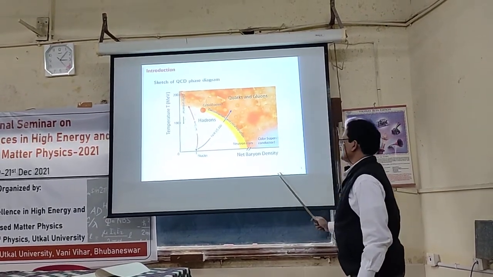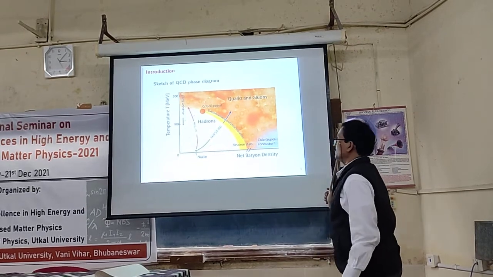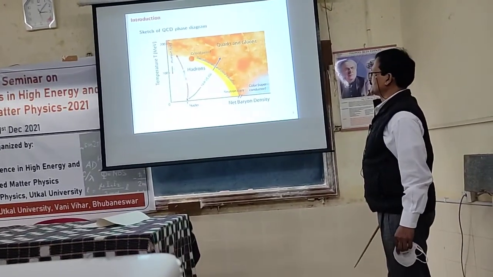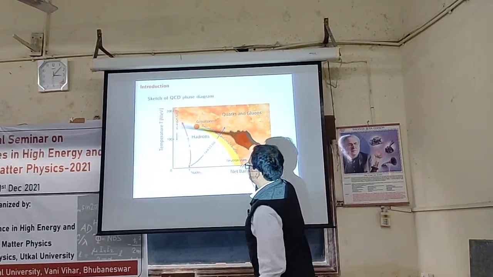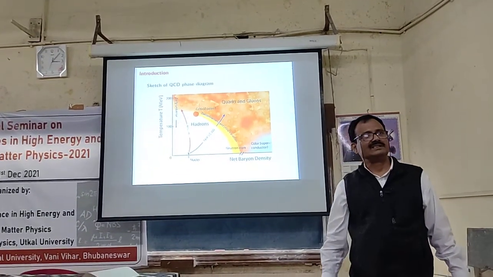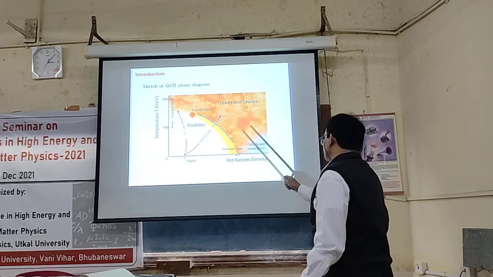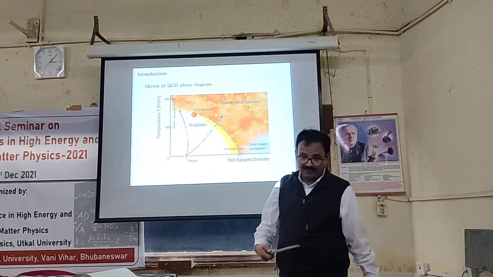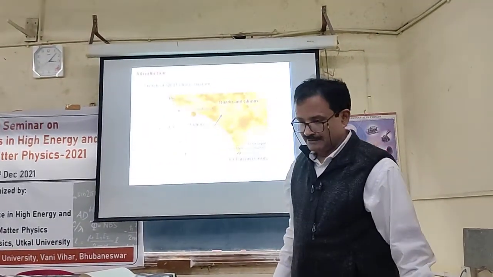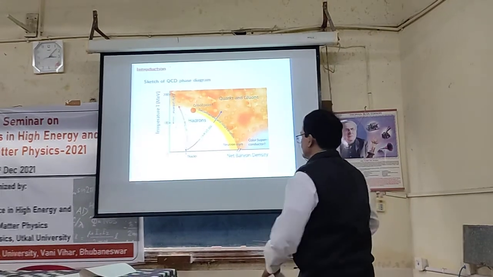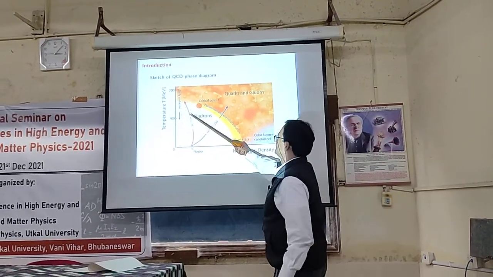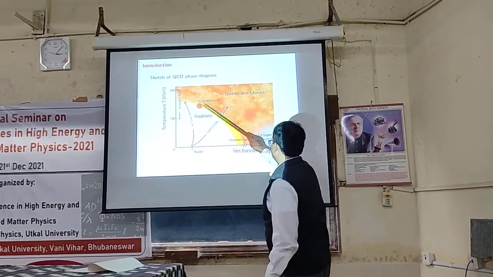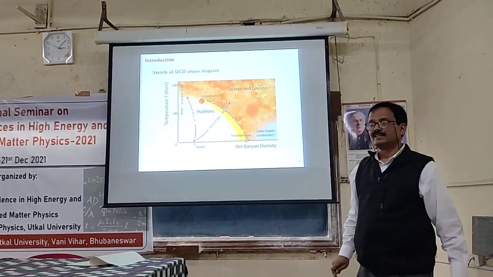So what we know about the phase diagram concretely is at zero baryon density, that it is a crossover transition. At finite density, what happens? Whether it is a first order transition or a second order transition, we don't know. So a lot of uncertainty is there in this finite density regime.